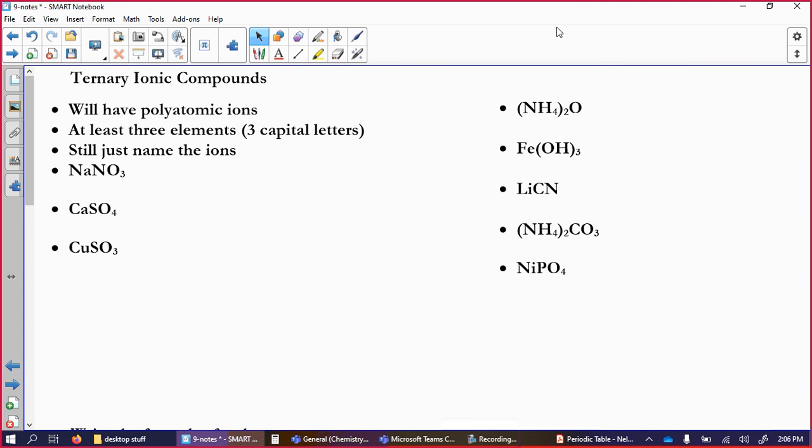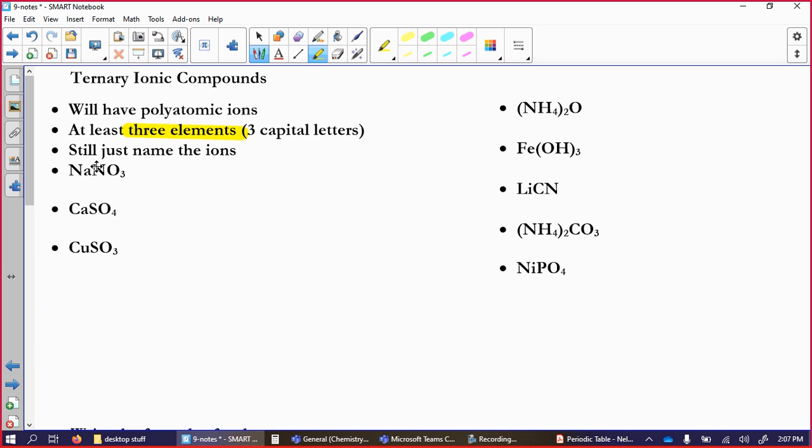Today we need to add ternary compounds, which have at least 3 elements. So if you're looking at something, it has to have 3 capital letters, because each element has 1 capital letter.